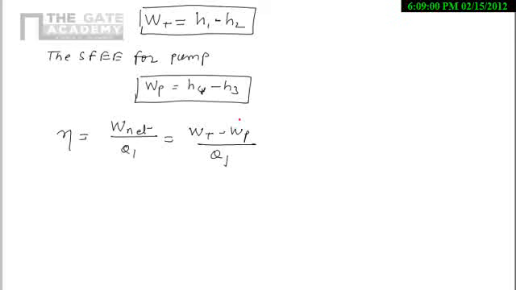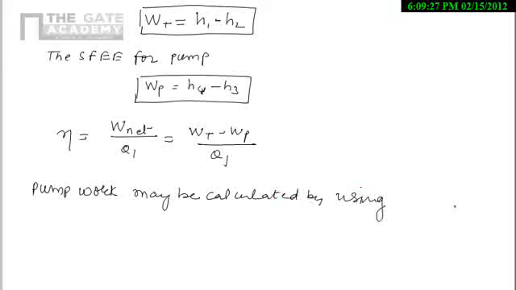So if you know, in case of reversible adiabatic compression for the flow process, like I am talking about pump work, the pump work may be calculated by using the reversible steady state flow work.